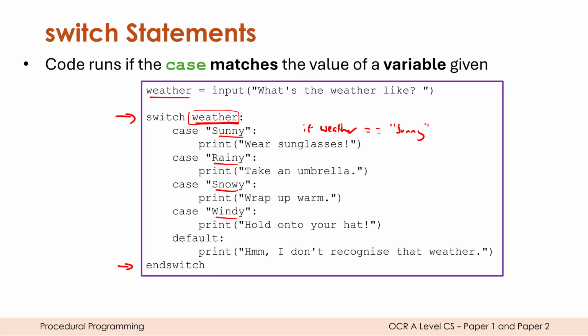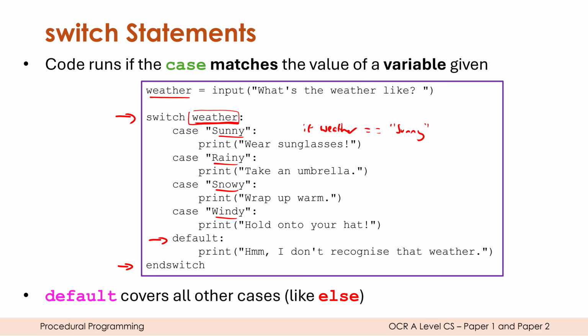That is what it is effectively doing behind the scenes, just written in a slightly more concise way. So if you've got a bunch of direct comparisons, switch statements can be a little bit more concise than if statements. And then we've got a default case at the bottom. That is like else. So the default case is effectively the equivalent of else. That runs if none of the other cases were true.